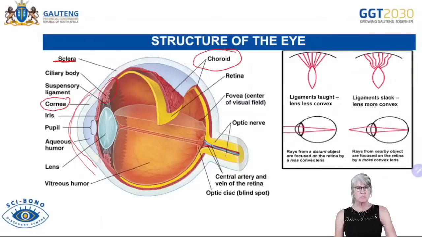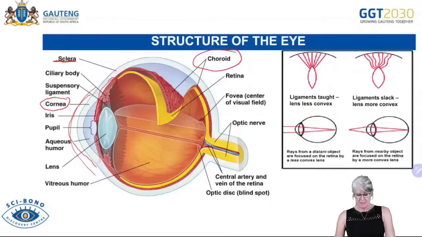So that's the choroid, and the choroid, that middle layer, extends then in the front of the eye over here as the ciliary body. Now the ciliary body has a very important function in accommodation. So it's when we're focusing either at something far away or something close up. And then it further extends down into or in front of the lens, and that part is known as the iris.